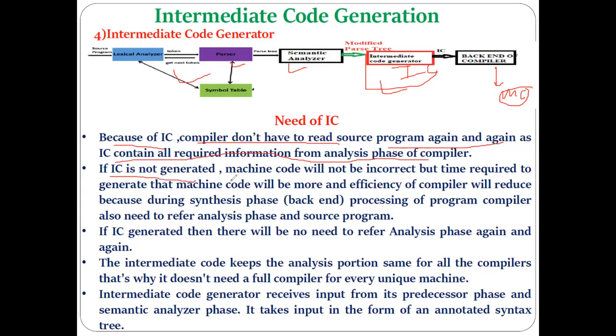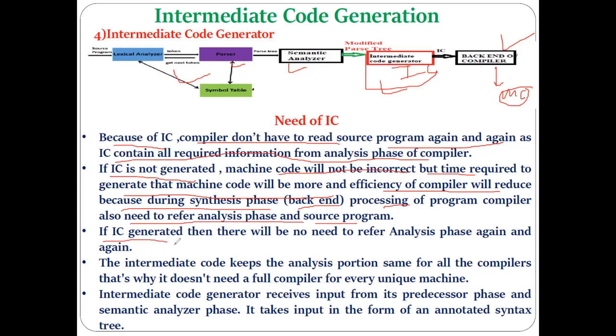If IC is not generated, then the machine code will not be incorrect, but the time required to generate that machine code will be more, and the efficiency of the compiler will reduce, because during the synthesis phase, that is the backend processing of the program, the compiler also needs to refer to the analysis phase and the source program.